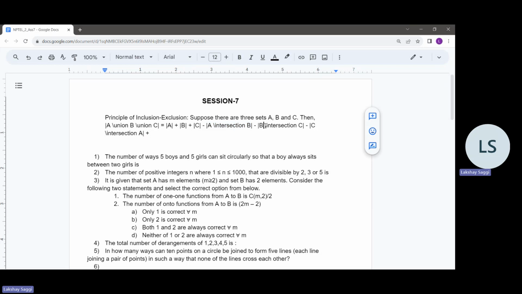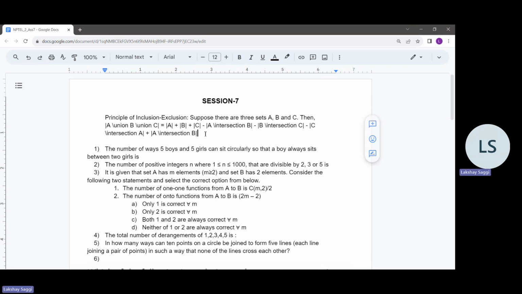It will be subtracted here, here, and here. So we sort of add back the term A intersection B intersection C.